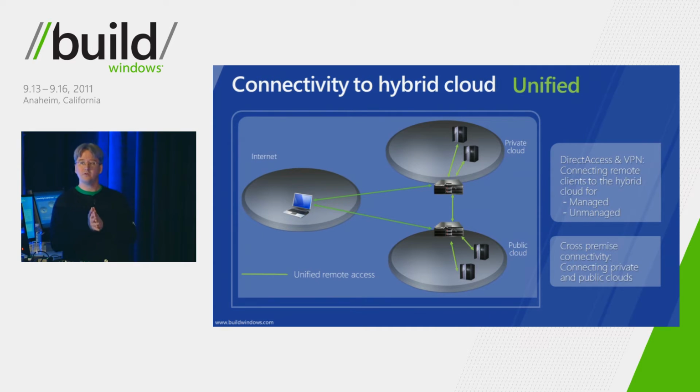And that's what the Server 8 remote access role provides. It allows for a single capability of accessing these resources, be it in the private cloud or in the public cloud, and the clients will automatically figure out the right entry point to use. This also works for traditional unmanaged clients, machines that are not joined to your corporate domain as well.